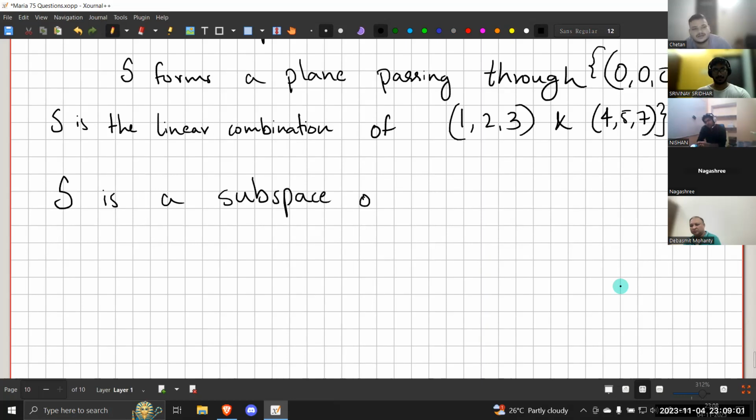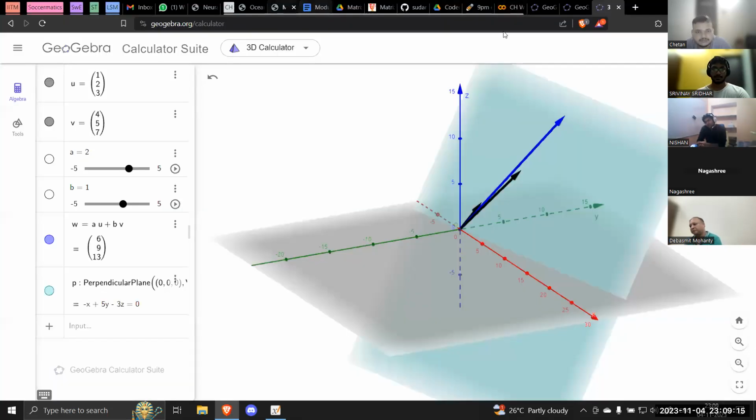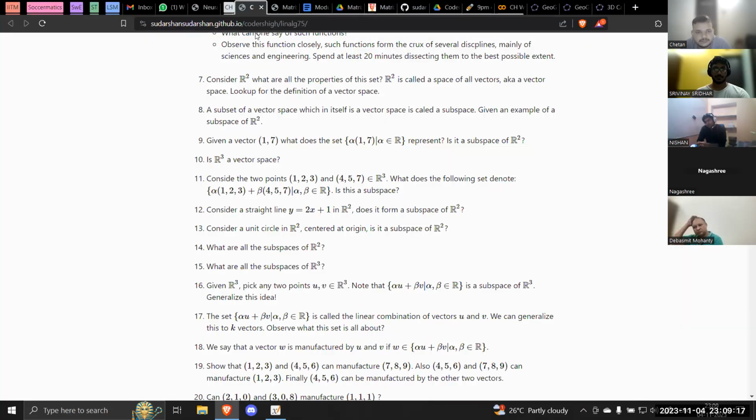Now, can we look at the next question, Vinay? Perfect. So here we have the next question: consider a straight line y equals 2x plus 1 in R2.